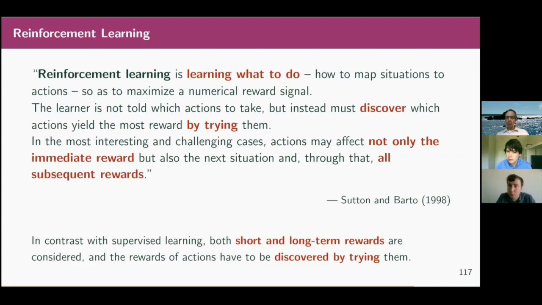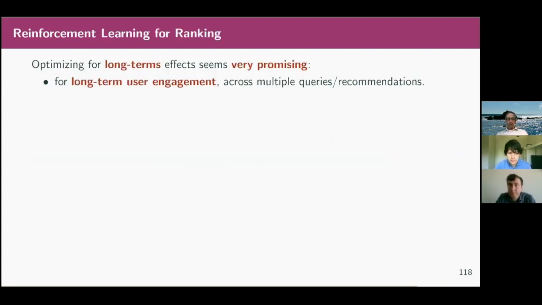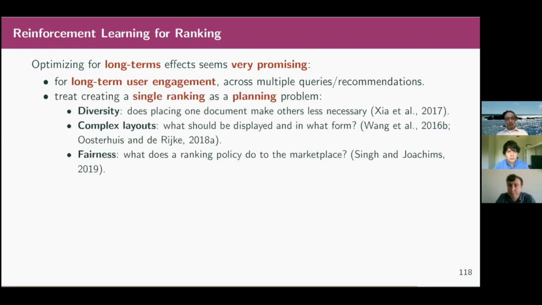Is it the right way of looking at it? I think it is, and so that seems promising. This optimizing for long-term effects across queries, across recommendations, across different contexts.